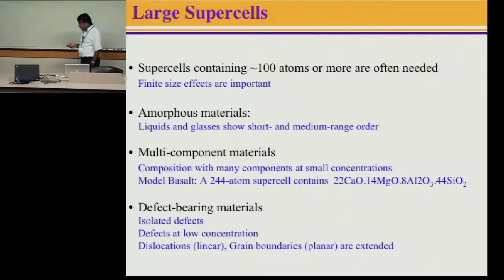The other problem which requires a large supercell is multi-component materials. So we know that real samples, natural samples, are multi-component and with many components at very small concentration. So in order to represent all those concentrations, you need really large supercells. So for example, even for model basalt with a 244 atom supercell, you can have these 4 different compositions.